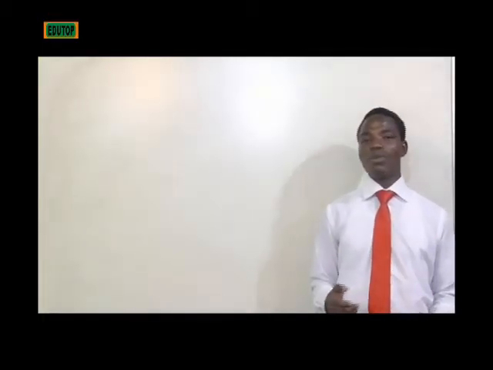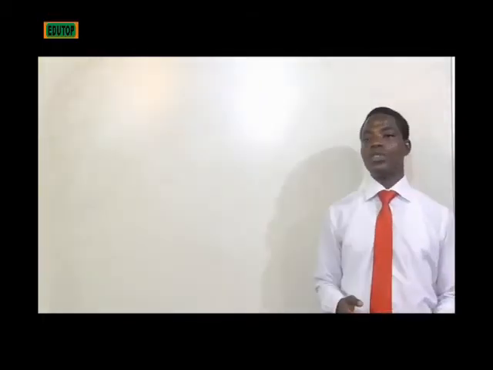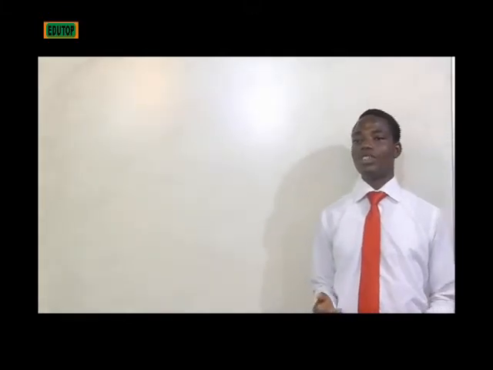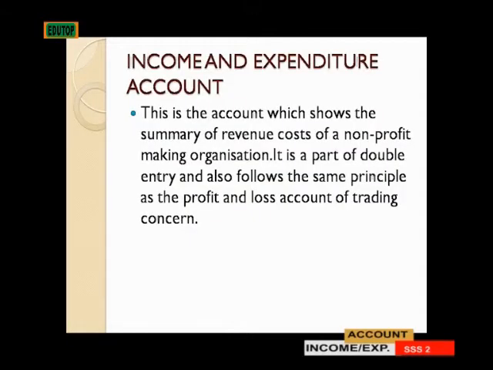After we talk about the receipt and payment, we'll be talking about income and expenditure. Income and expenditure is the account which shows the summary of revenue and costs of a non-profit making organization. It is a part of double entry and also follows the same principles as the profit and loss account of a trading concern.